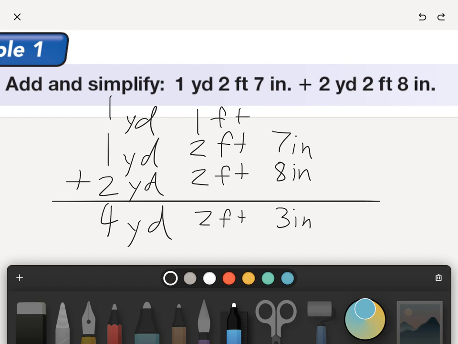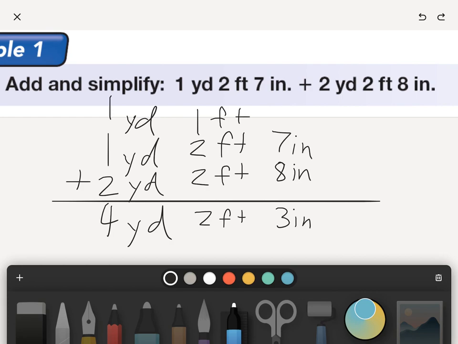Right. Okay. Well, basically, do you want to try explaining? Yeah. Explain this part. Okay. So basically, for each unit, it can equal something greater than it. So you have to carry over the number since it's something greater.